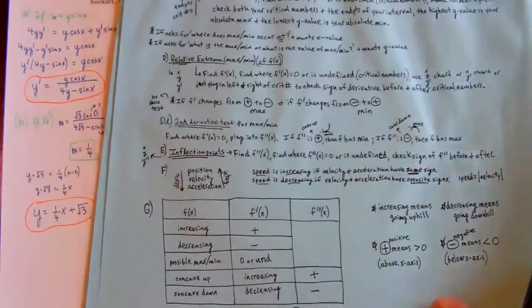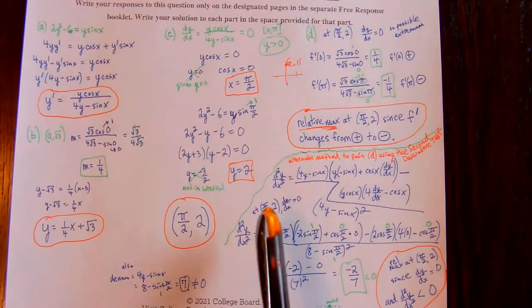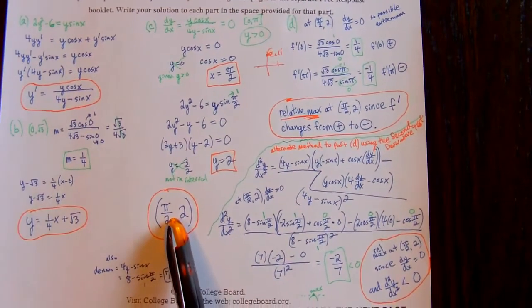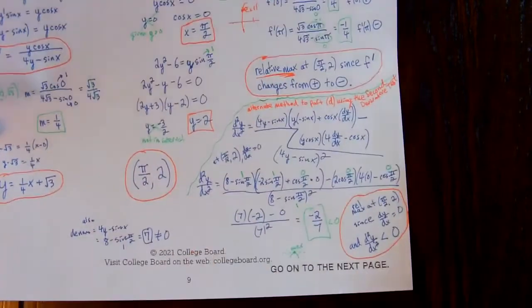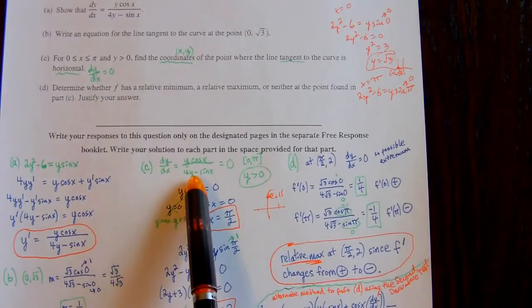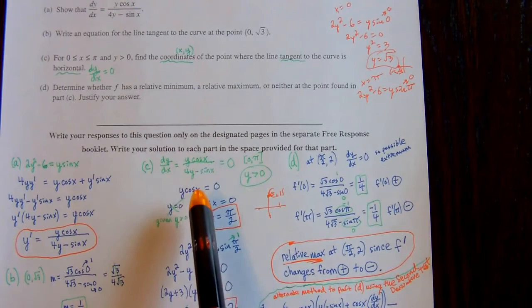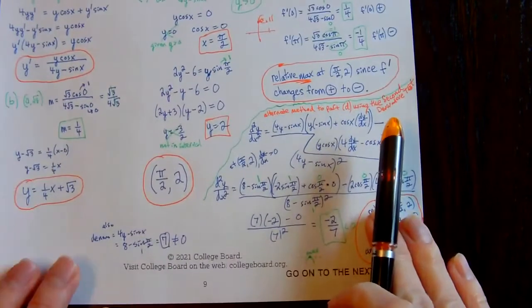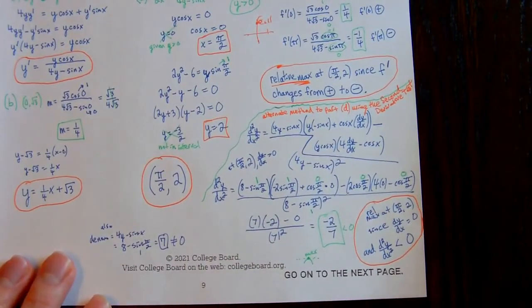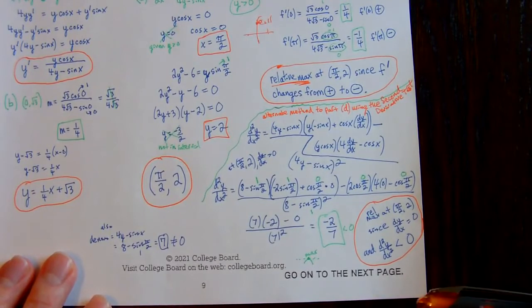So basically what I'm going to do is find my second derivative and plug in this point to determine whether it's positive or negative. When I do the second derivative, I have to use the quotient rule. So I did the denominator times the derivative of the numerator minus the numerator times the derivative of the denominator. And remember, when you're taking the derivative of y, you got to tag on the y prime or a dy dx.